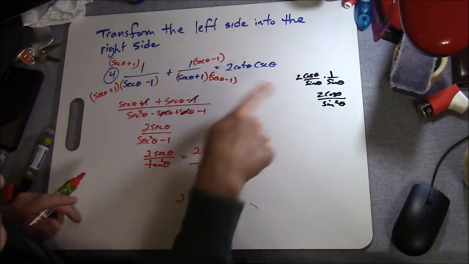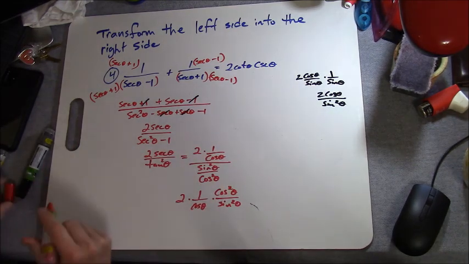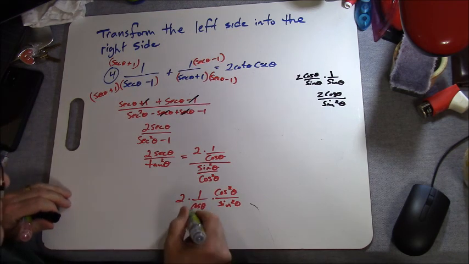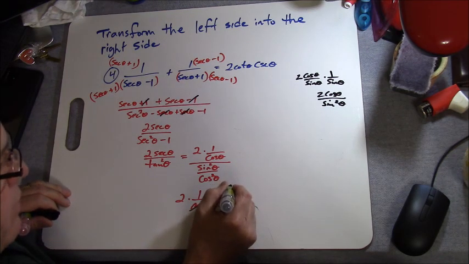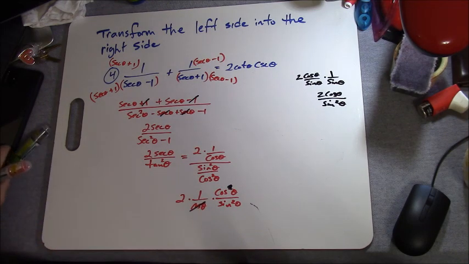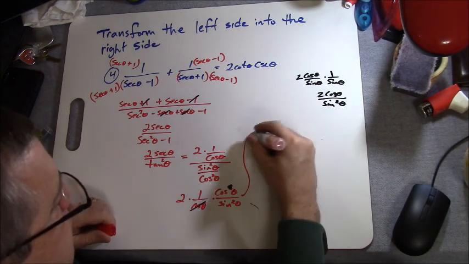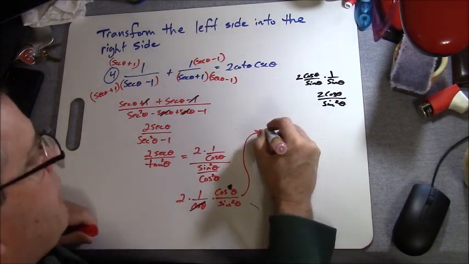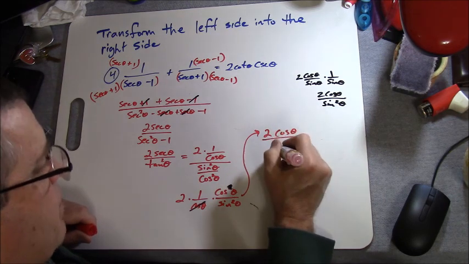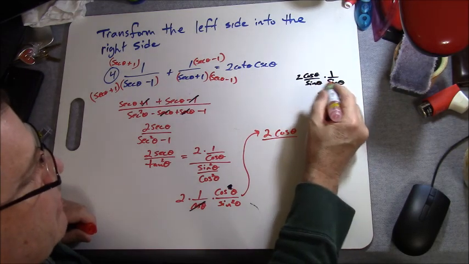I'm already glancing over here and thinking, aha, I'm getting close. I'm going to cancel one of these with one of these. I still have one left. And so now what I have is 2 times cosine theta over my sine squared, but I want to see that written this way.